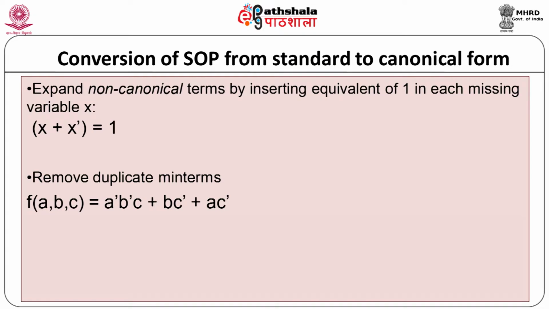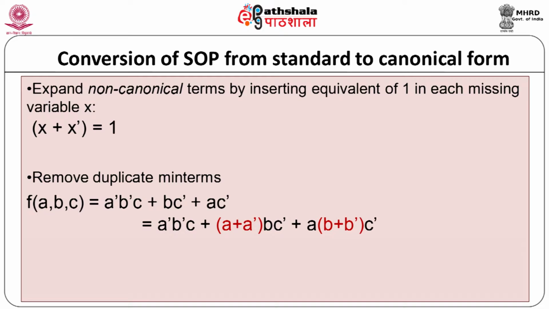We can clearly see in the second term a is missing in the product term. So, we can add a redundant term as a OR with a bar. Similarly, in the third term b is missing.